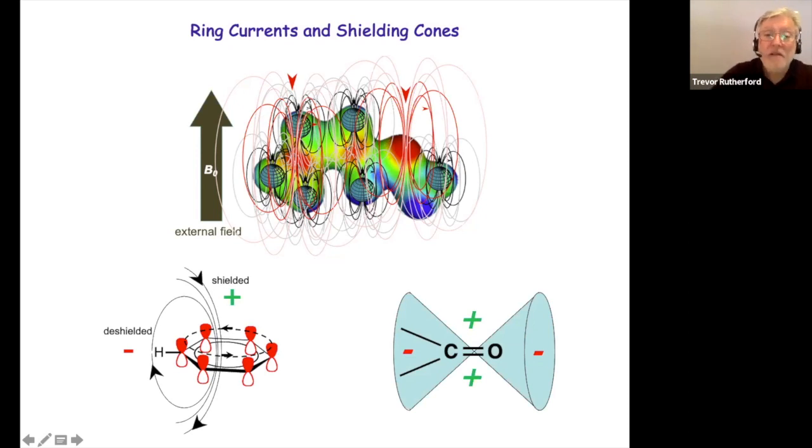We have other magnetic currents that occur locally. So this is from the passage and movement of delocalized electrons. So for example, in aromatic rings, you get a pi cloud with rotation and circulation of electrons that generates profound magnetic fields.